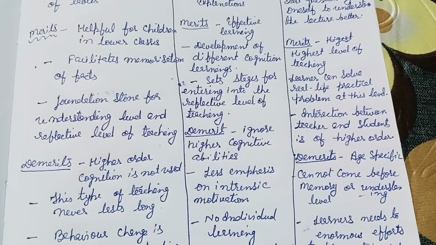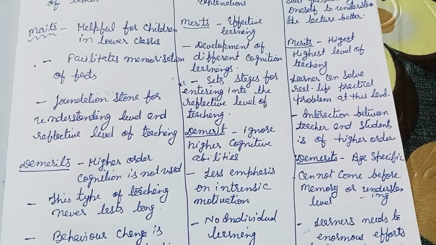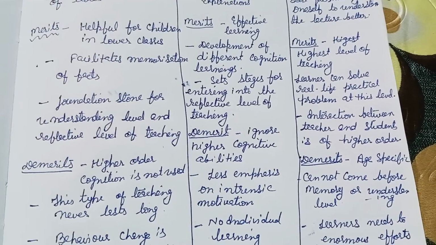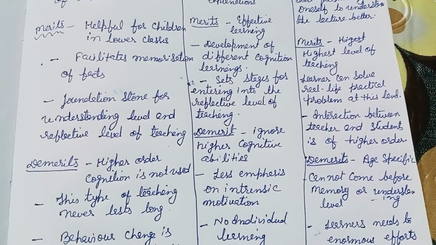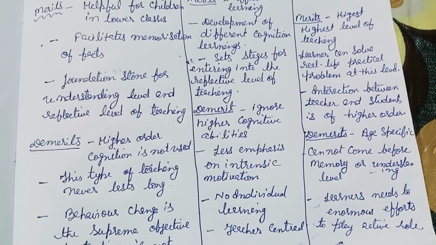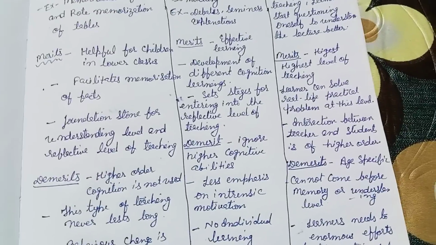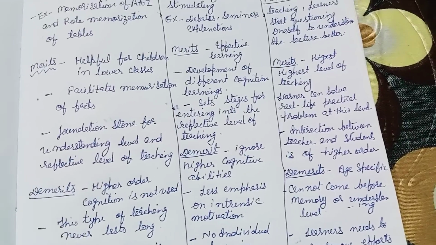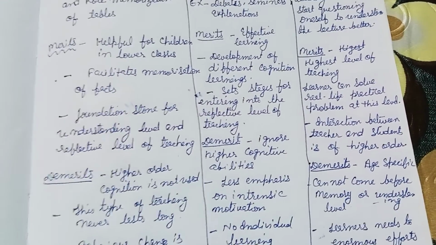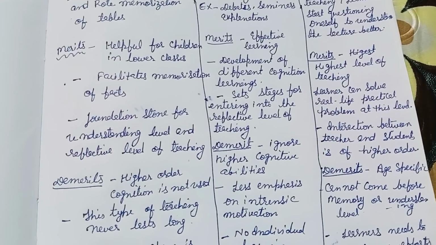The understanding level of teaching motivates to some extent, but does not provide higher motivation. No individual learning, and it is teacher centered. So the participation of students is not high in this level of teaching.